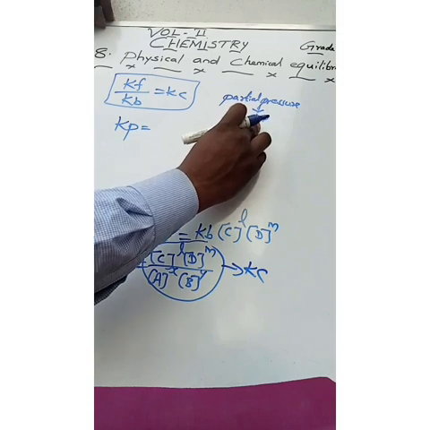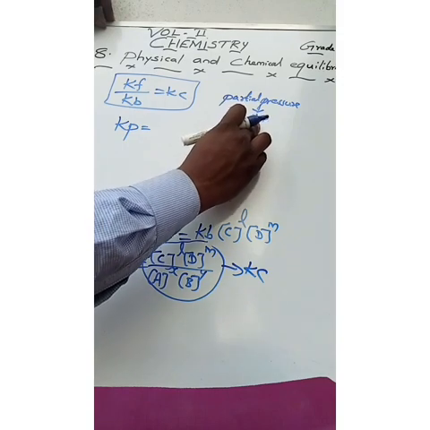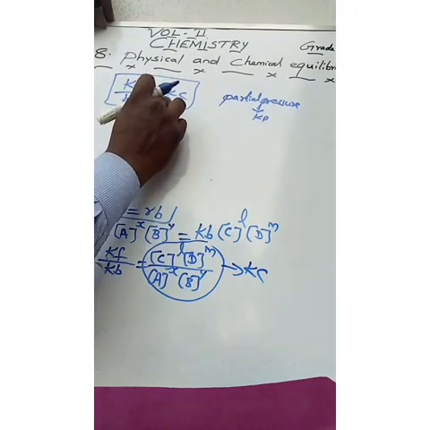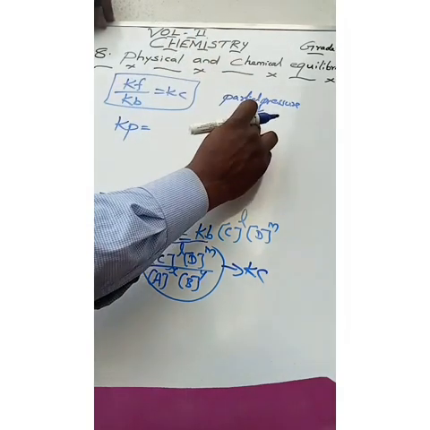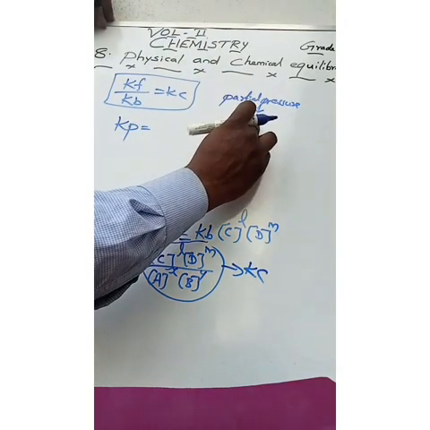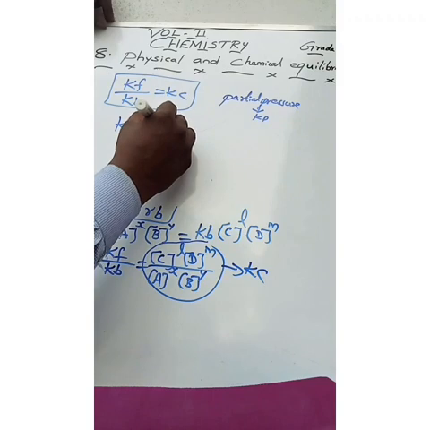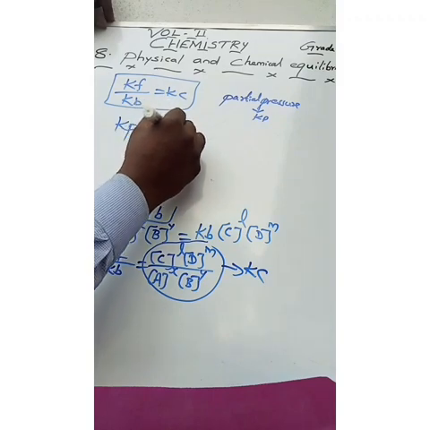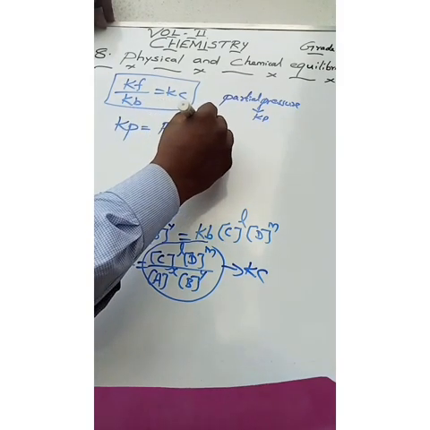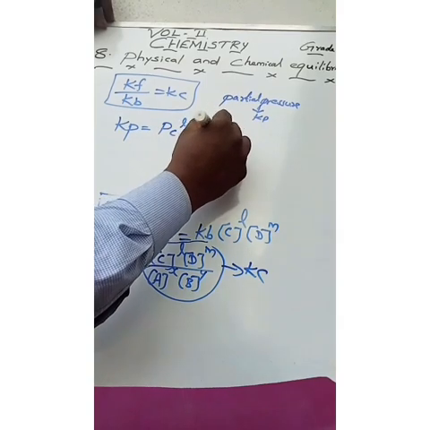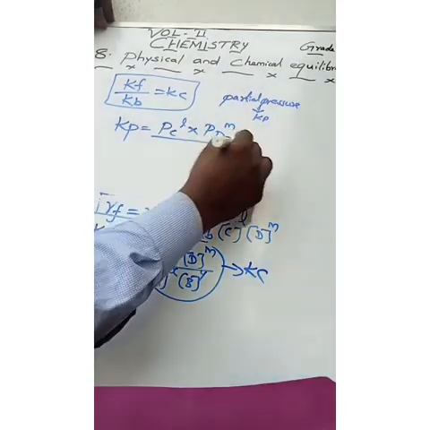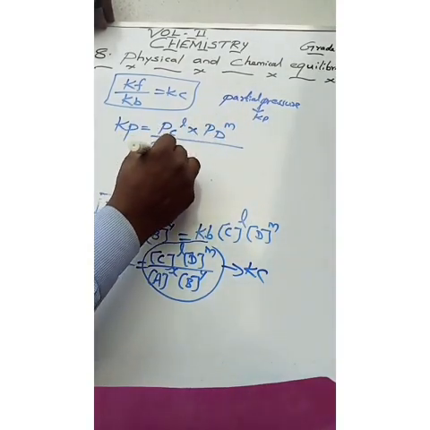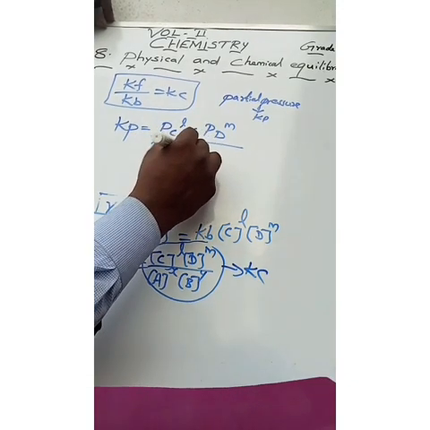I will ask the question. Don't forget that. Kc is an equilibrium constant and Kp is in terms of partial pressure. So Kp is equal to P C power L into P D power M divided by P A power x into P B power y.